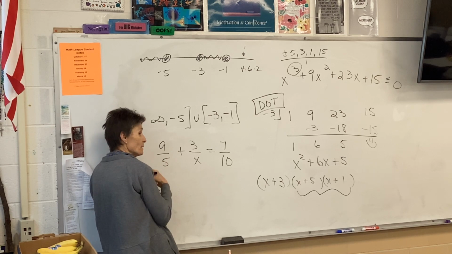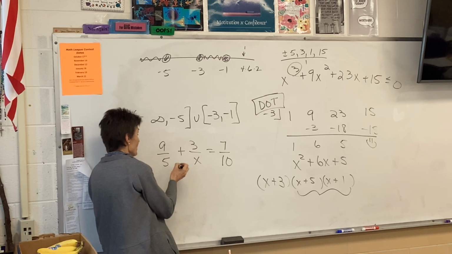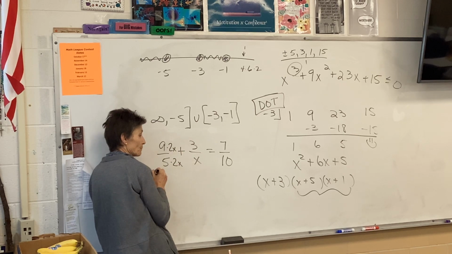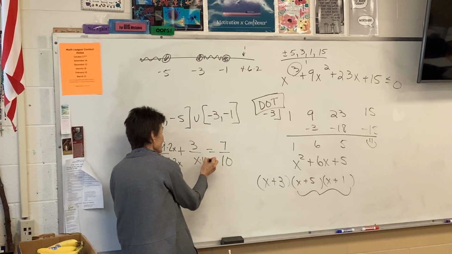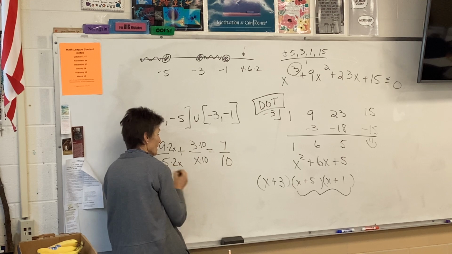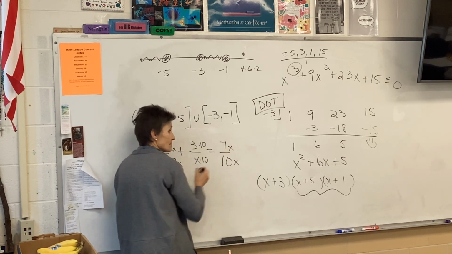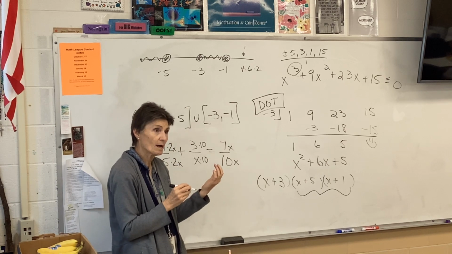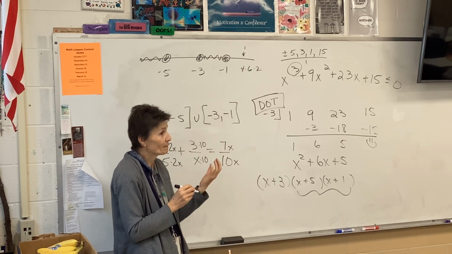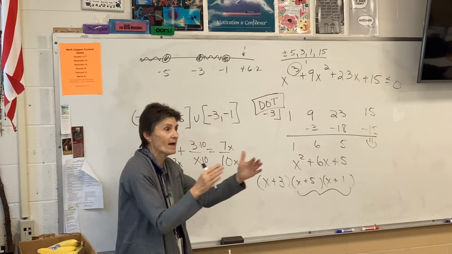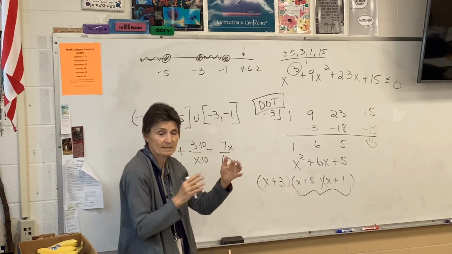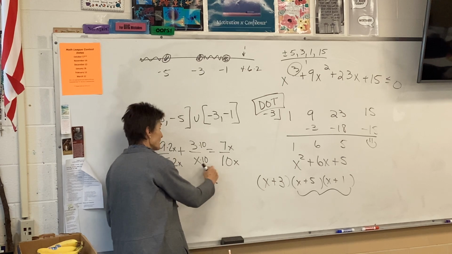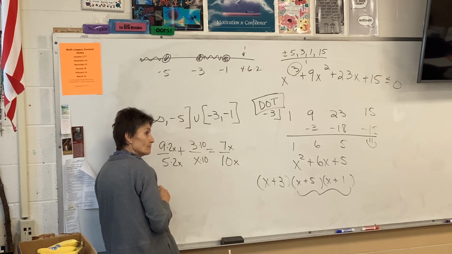So if we go with 10x, then this one will have to be multiplied by 2x, this one by 10, and this one by x. If you're going with a different common denominator, then you're gonna be multiplying by different things, but in the end, it's all gonna come out. We're gonna get the same answer. So would everybody agree that now my denominators match?